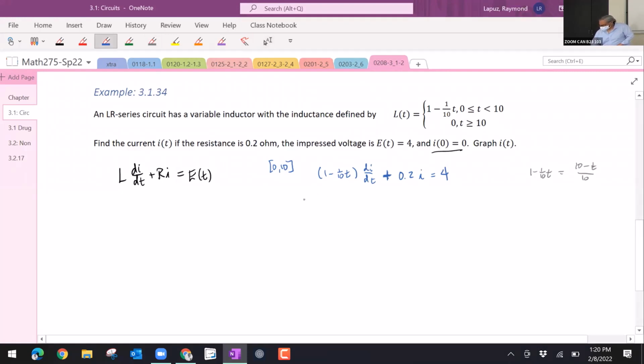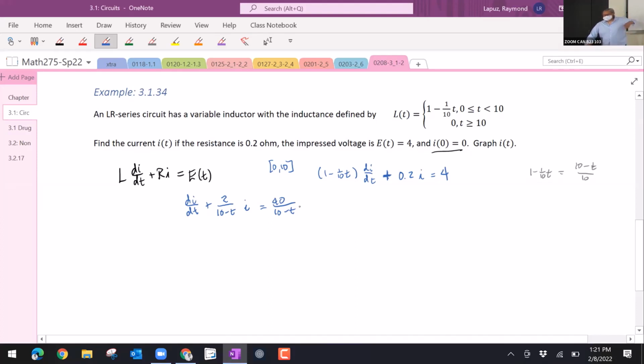The whole point was to rewrite it as di/dt plus, now let's divide everything by this, which is multiplying by the reciprocal, 10 times 0.2, which is just 2, divided by 10 minus t, times I, and then 10 times 4, which is 40, divided by 10 minus t. So now it's written in a nice form that we can deal with.